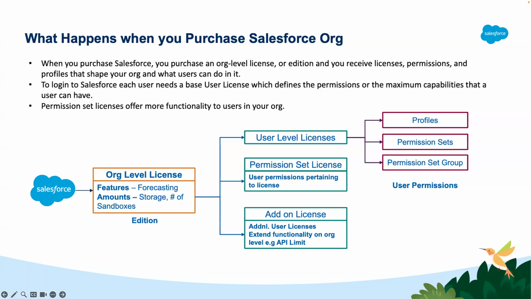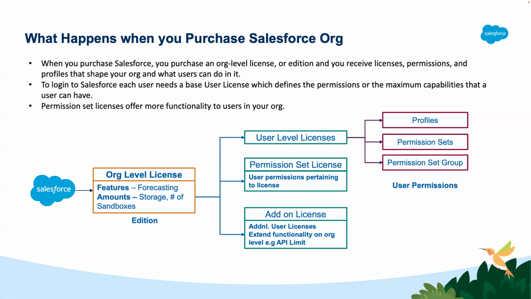Amounts, which are nothing but your storage allocations, the number of sandboxes that I'll be allocated, the number of applications I can support. Everything is dependent on your org level license. So org level licenses are the first or entry level licenses that you purchase. So when you purchase Salesforce, it means you purchased an org level license.